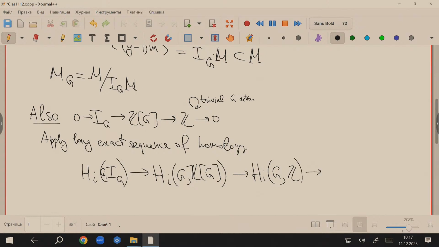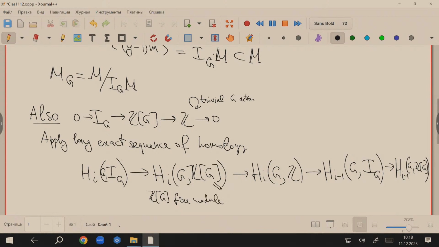And then when we are considering homology, the index is decreased, so you are considering H_{i-1}(G, I_G), and again this is H_{i-1}(G, Z[G]). Here you see that Z[G] is free, so Z[G] is a free module. That means that this homology and this homology vanish, so you have isomorphisms here.